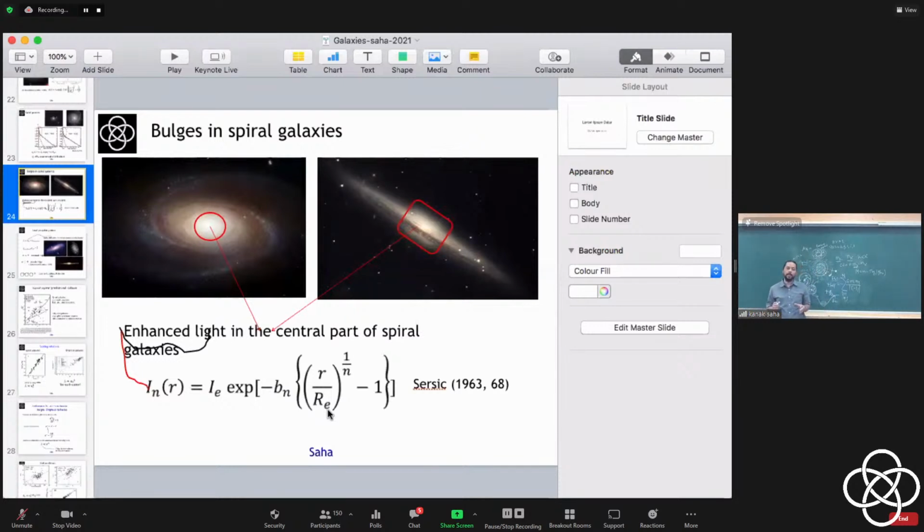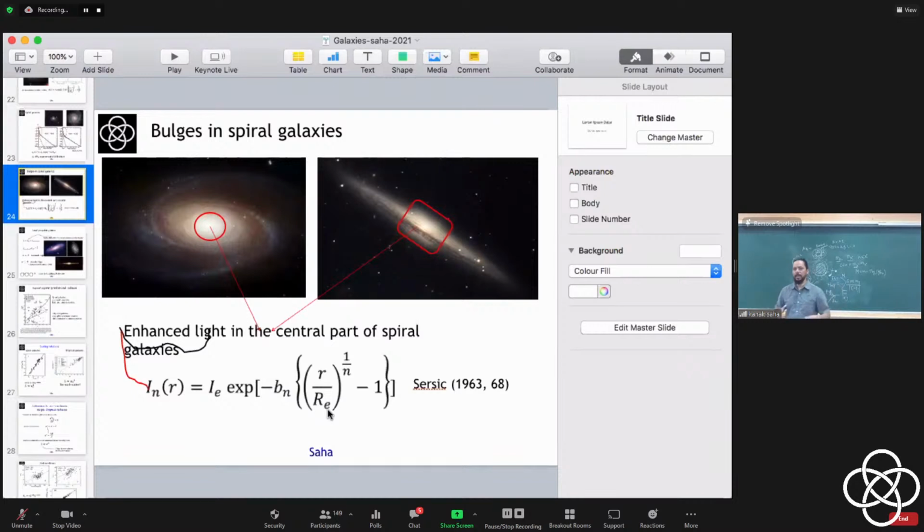This is some kind of length scale in the system. That length scale is not exactly, but one can show it is very close to the half-light radius.